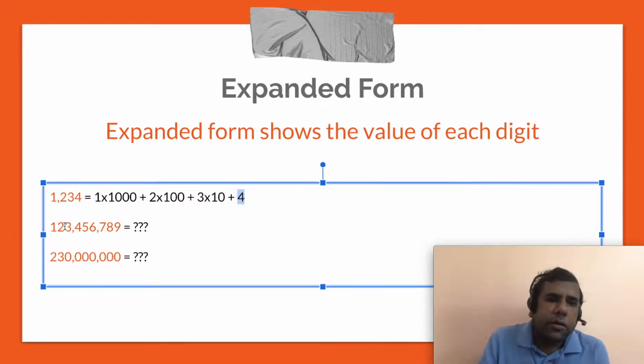Now let's look at a couple more examples. 123,456,789.